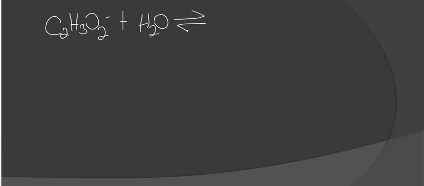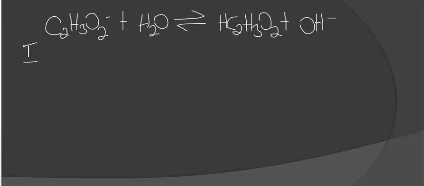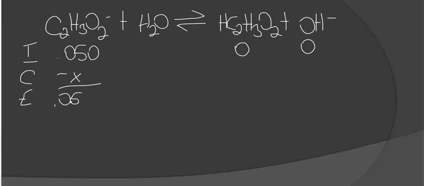So we will set up an equation where the acetate ion reacts with water, and that's going to form acetic acid and hydroxide. Now the concentration of the ion comes from the salt, 0.05. Products are 0. Just use the x's for the variables.